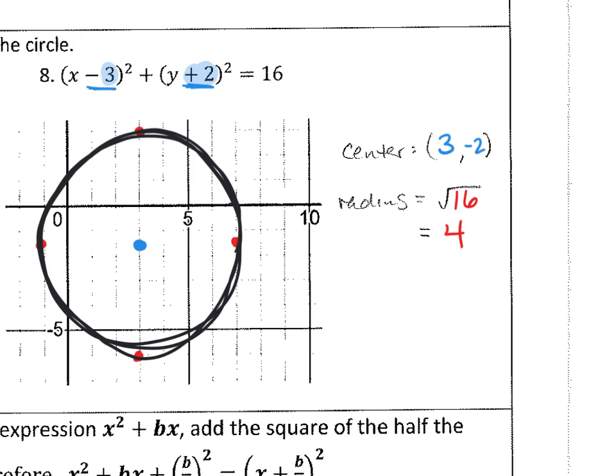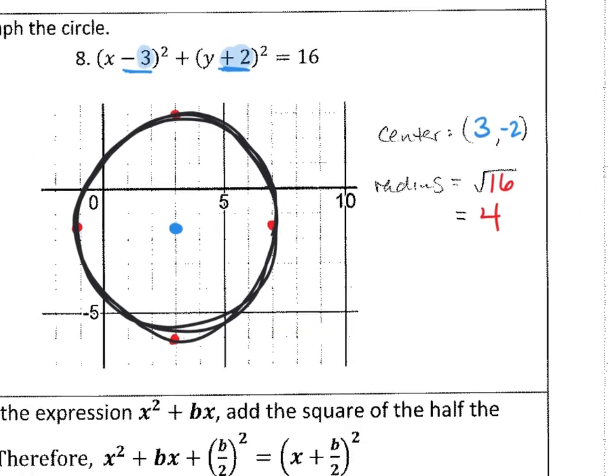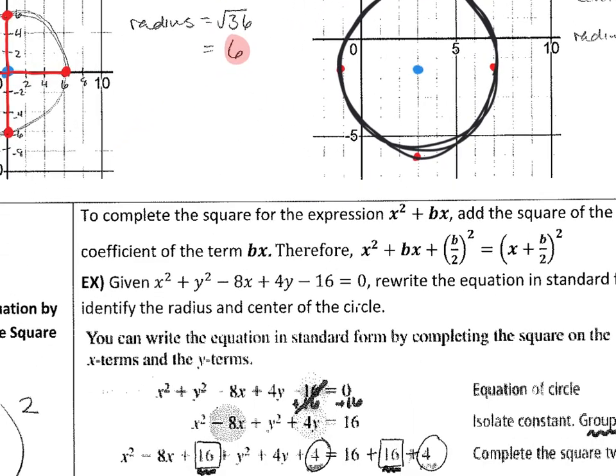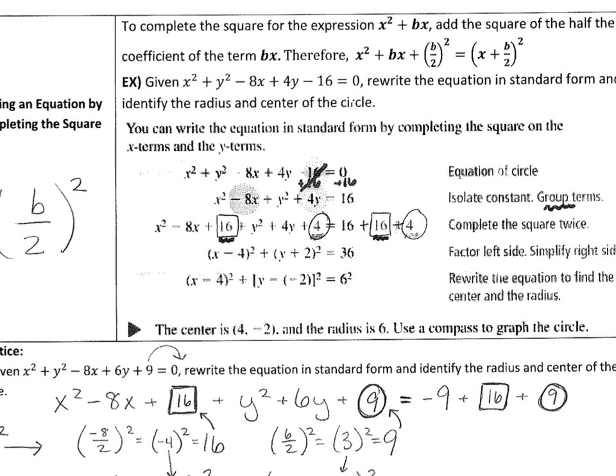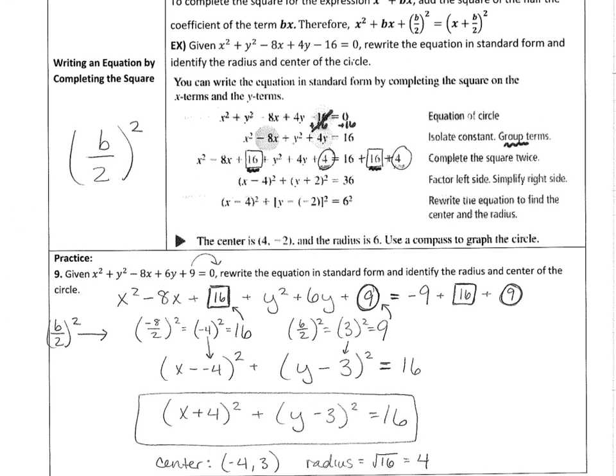Okay, now if you notice at the bottom of this page, I filled in everything. For most of us, I'm not worried about us being able to write an equation by completing the square, but those of you going into honors classes, it's an expectation, especially for pre-cal, that you know how to do this. If you would like me to go over how to do this with you because you're moving on to honors courses, let me know and I will. Otherwise, that information is just there for you to follow.